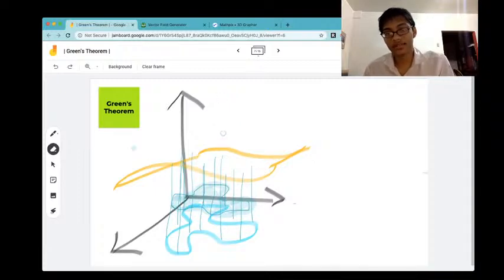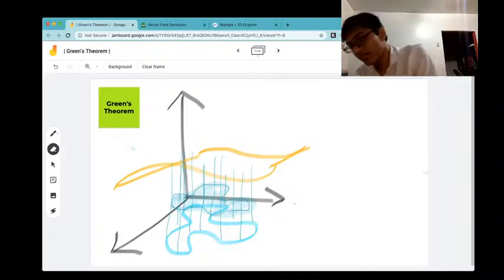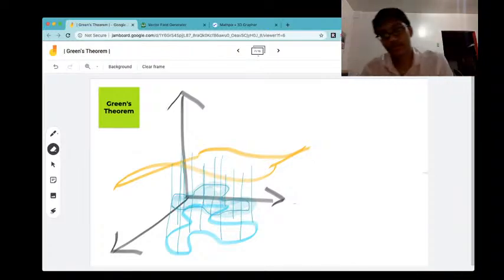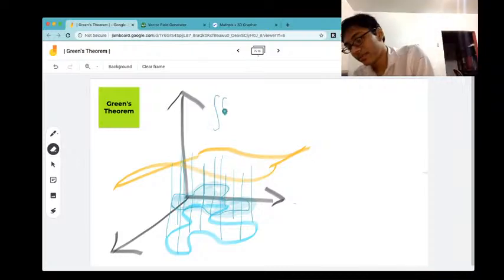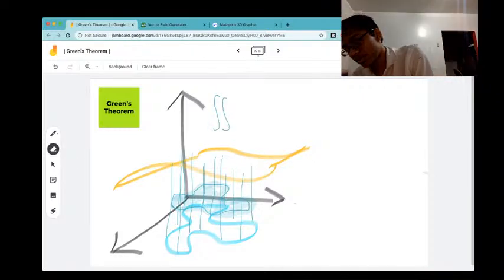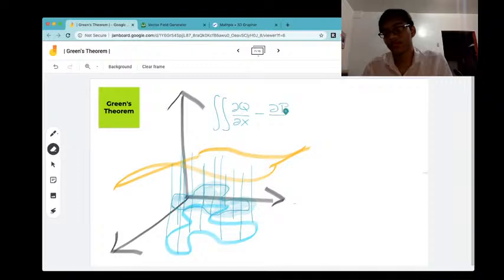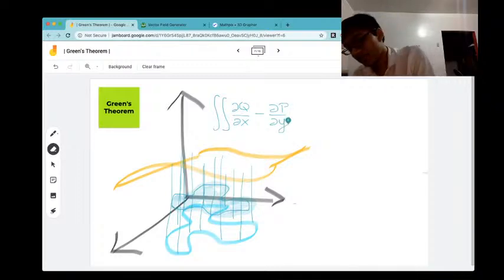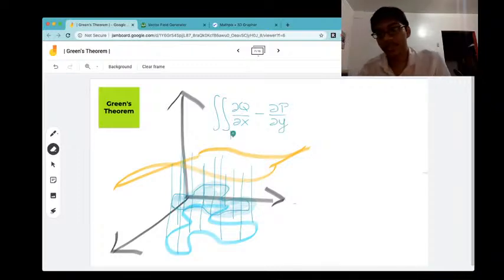I realize that. But the double integral of partial Q partial x minus partial P partial y over the region R, which I should have actually denoted right there. So there's my region R.